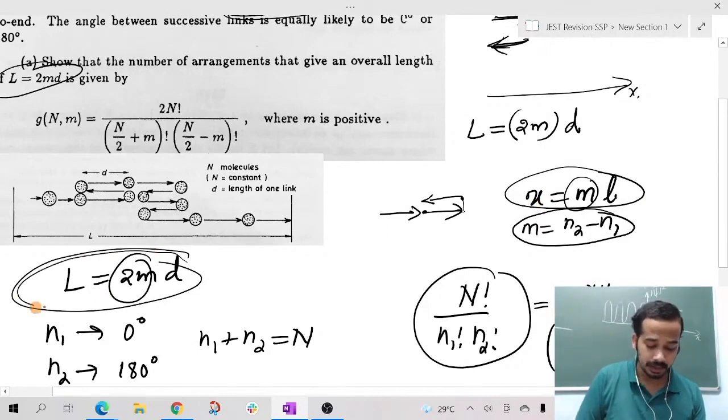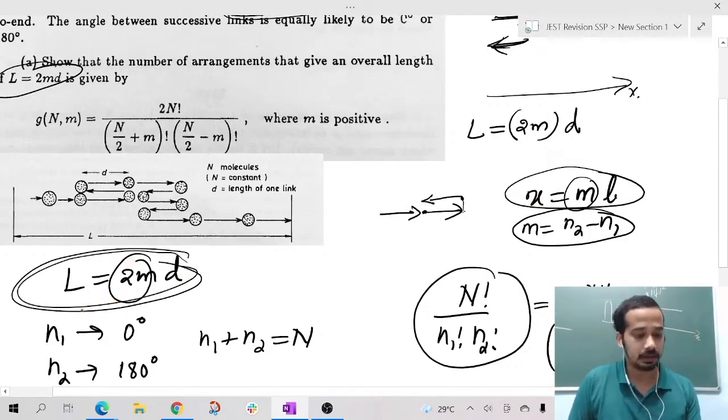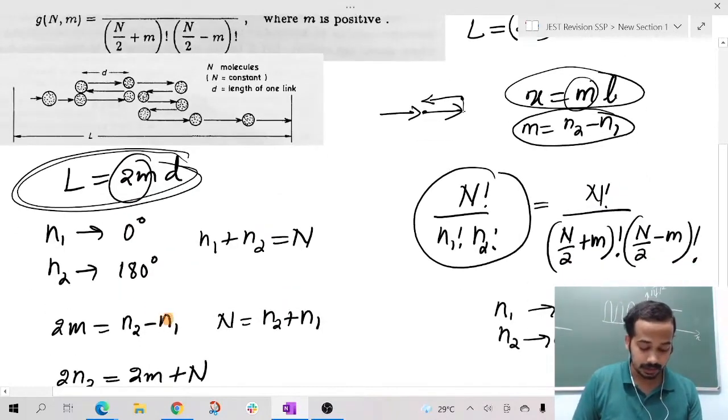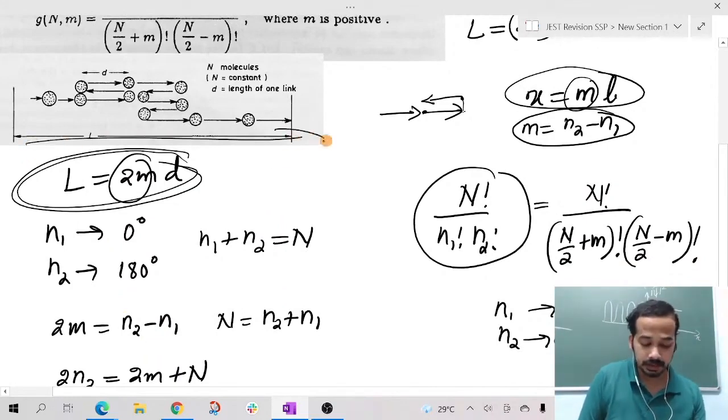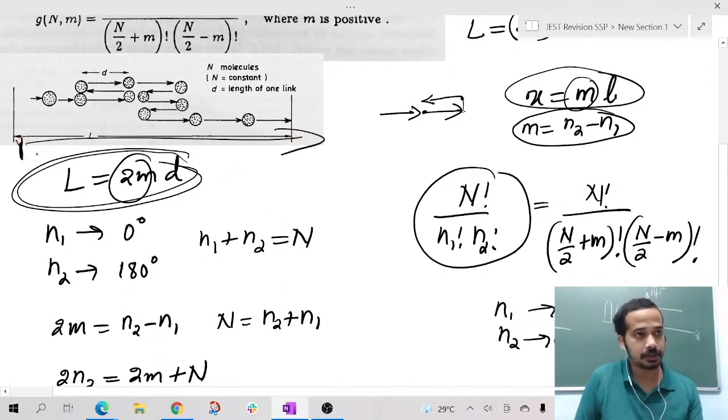But here we are talking about length, so that can be either this 2m or its negative, positive or negative, isn't it? The length would be the same, whether the net displacement is towards the positive x-axis from the origin or towards the negative x-axis from the origin.